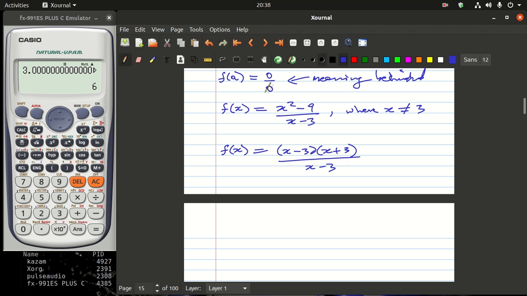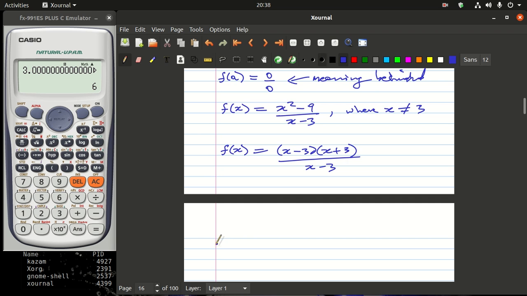Having 0 over 0 means one thing. If you can factorize this and cancel the common factor, then when you plug in a in that function, you are not getting 0 over 0 or a number over 0. It simply means that there is a hole at that point.